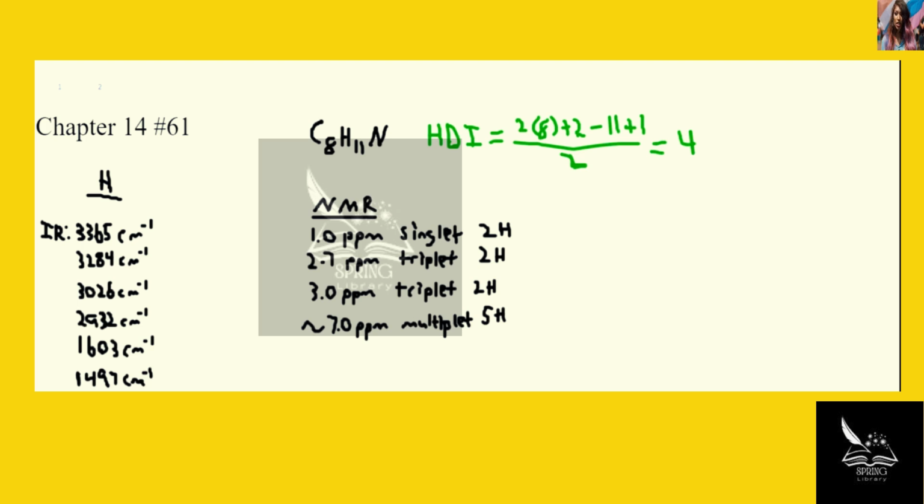And the other thing is, whenever we see an HDI of 4 or more, we should be thinking aromatic ring, because 1 benzene ring accounts for 4 degrees of unsaturation.